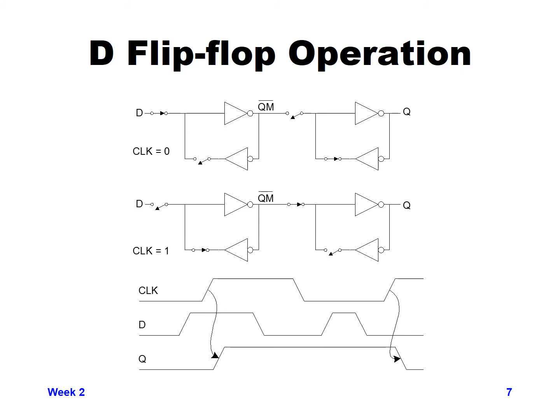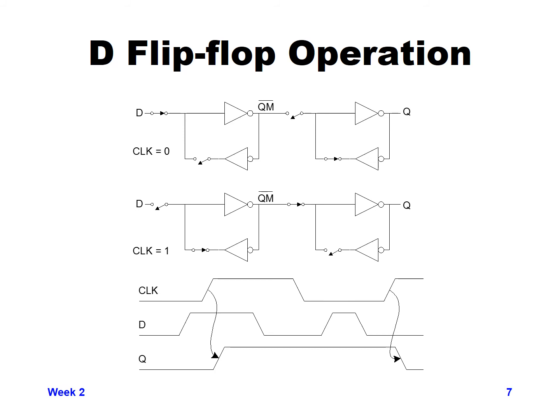When clock is 0, the switch at the input D of the master latch is closed, so D goes through an inverter to QM bar, and there's no feedback loop. The feedback loop is an open circuit, so we have D going to QM bar.